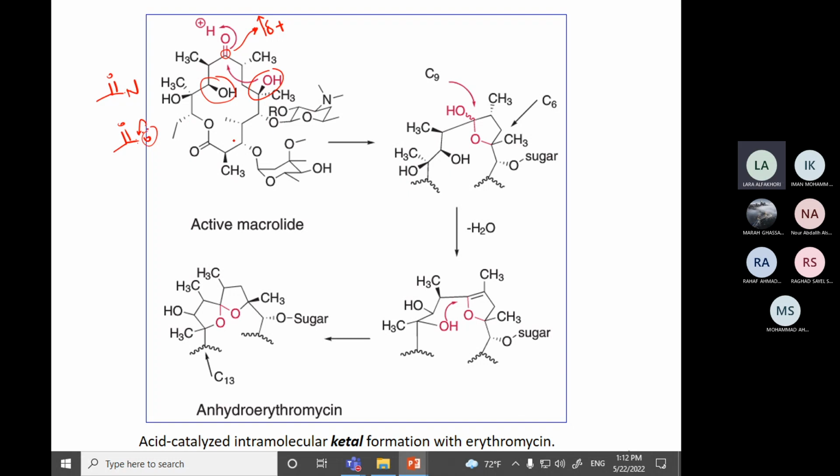Now, in the structure of macrolides, the oxygens on carbon 6 and 9, of those hydroxyls, are considered nucleophilic. So what happens in acidic conditions is that this carbonyl oxygen can get protonated. And if protonated, will this increase or decrease electrophilicity?